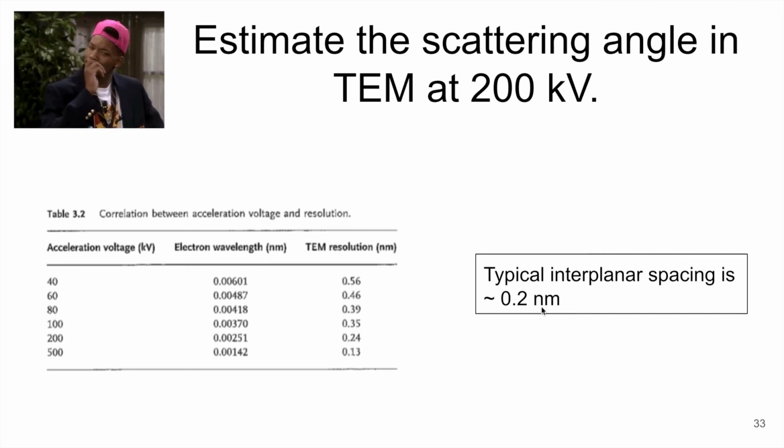And then instead of the copper K alpha or whatever our X-ray wavelength would be, I've given you the electron wavelength. See if you can figure out what a typical scattering angle in accordance with Bragg's law would be for this type of d-spacing using these types of wavelengths in TEM. Make that quick calculation, stop the video, and then come back and we'll see if we arrived at the same place.